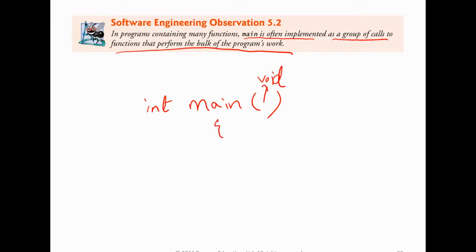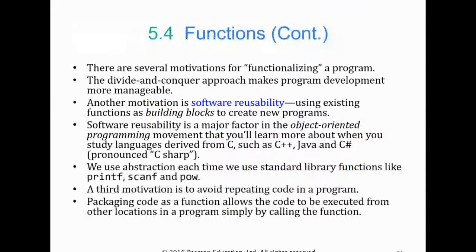But this main function can assign different tasks to different functions. So you have function 1, you could have another function which could be like printf and something. So it consists of different functions that are executed once or multiple times.